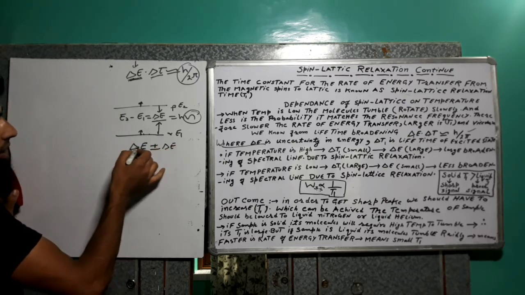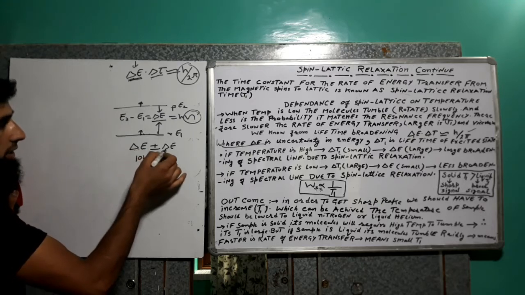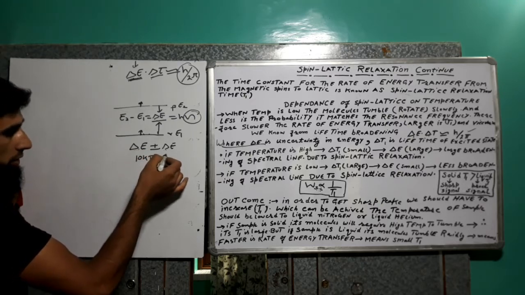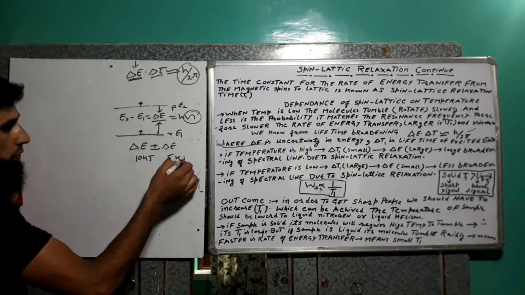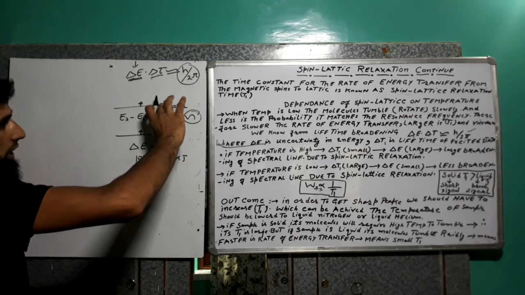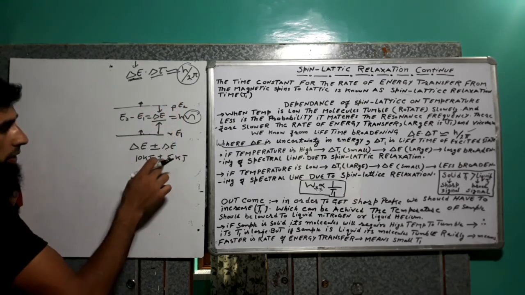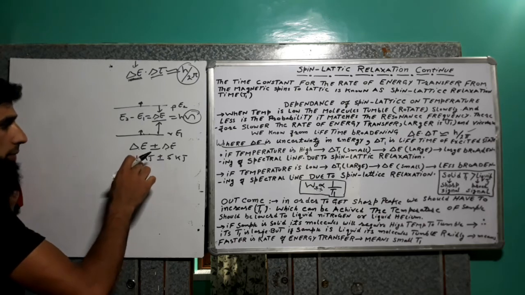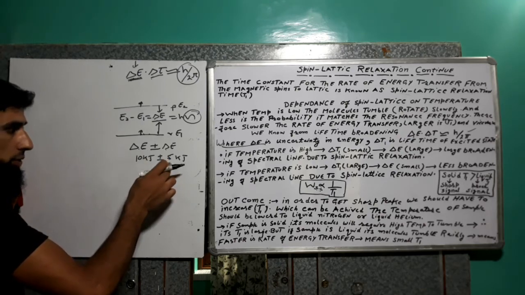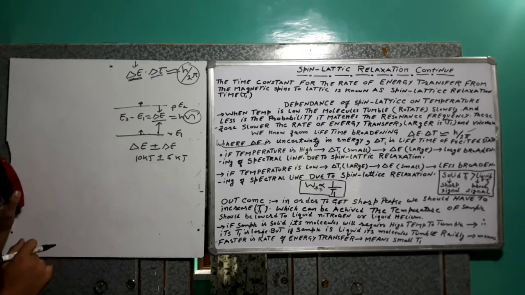Suppose the energy difference has a value of 10 kilojoules, and the uncertainty has a value of, suppose, 5 kilojoules. That means we calculated 10 kilojoules theoretically, but there is some error, so it can be 10 plus 5, 15 kilojoules, or 10 minus 5, only 5 kilojoules.